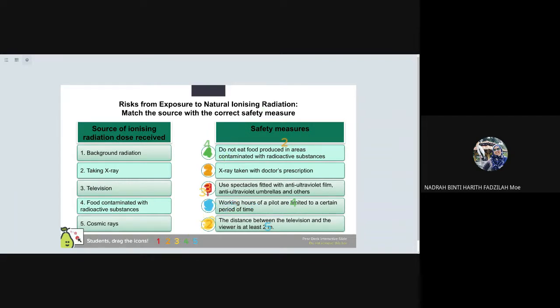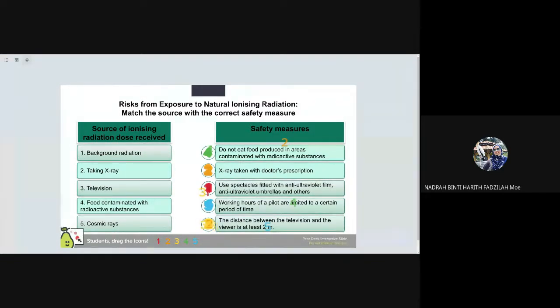So source nombor satu tu background radiation, dia punya step ialah use spectacles fitted with anti-UV film, anti-UV umbrella, pakai sunscreen kan, all of this to reduce the effects of UV ray.